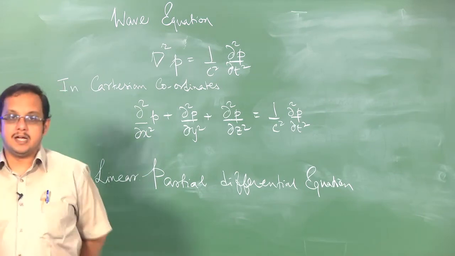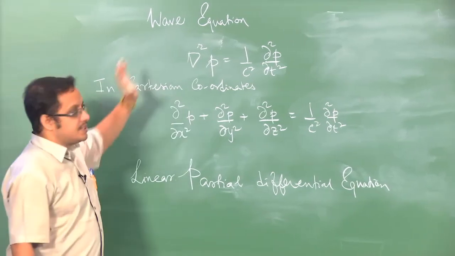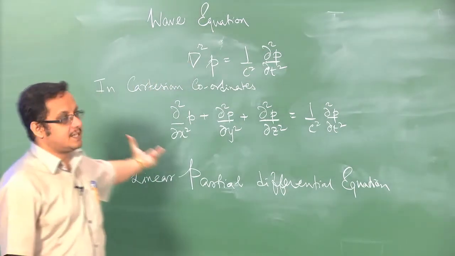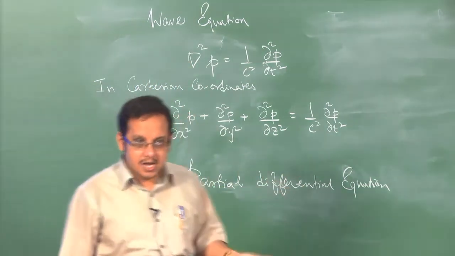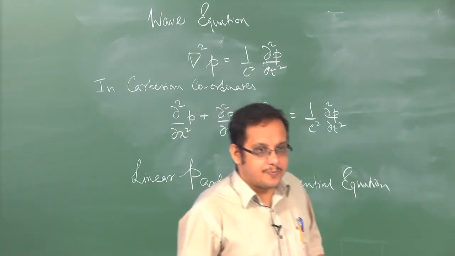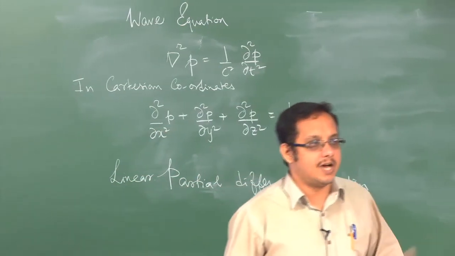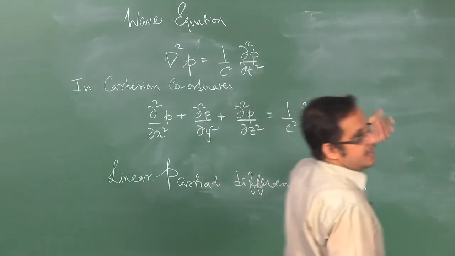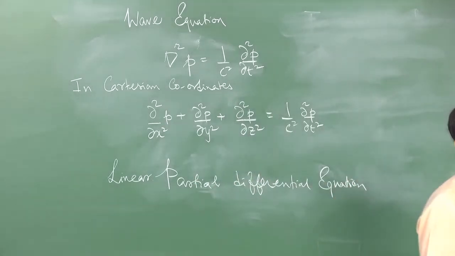Why is it linear? Because every term, what is the unknown here? P, right. Each of these terms are some derivatives of P with respect to one or the other of the independent variables, but none of the terms have any nonlinear factors coming in, right.